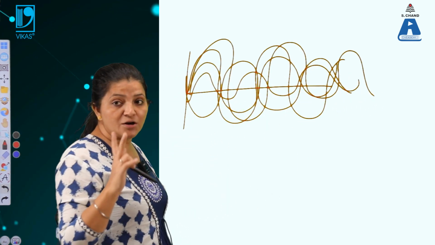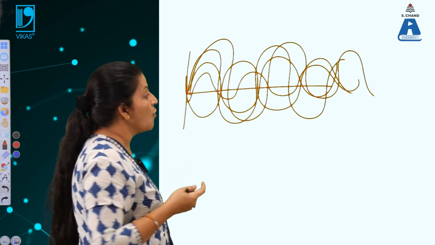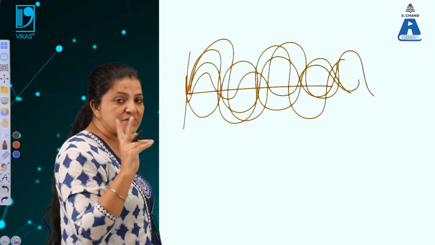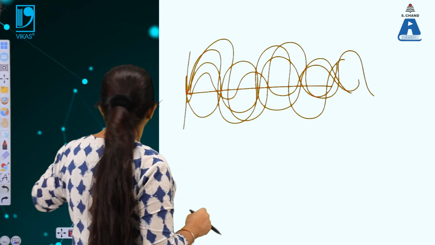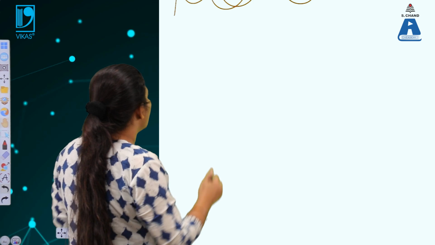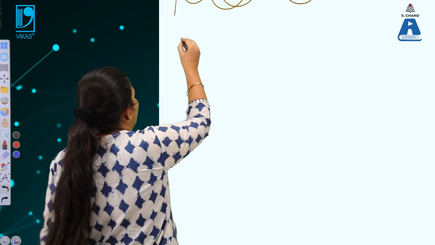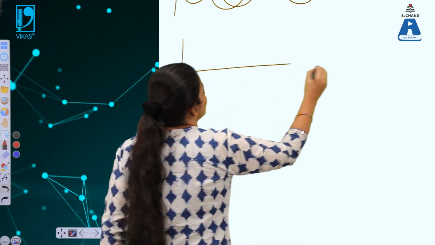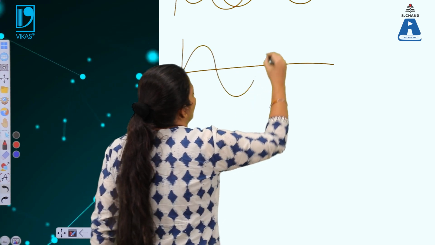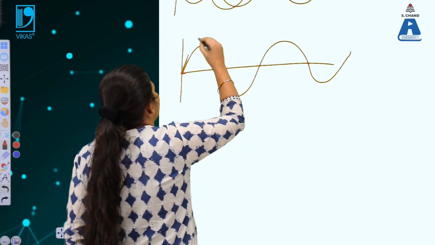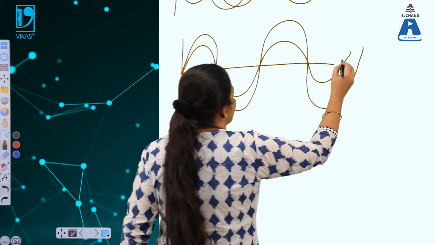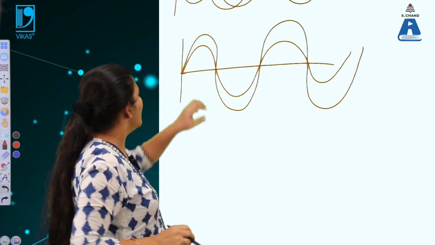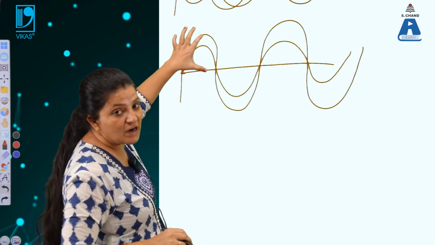We know that two types of interference occur. One is constructive interference and the second one is destructive interference. Now what is the meaning of constructive interference? When these two waves are superimposed, if the positive lobe of one falls on the positive lobe of the other, the amplitude will be higher.